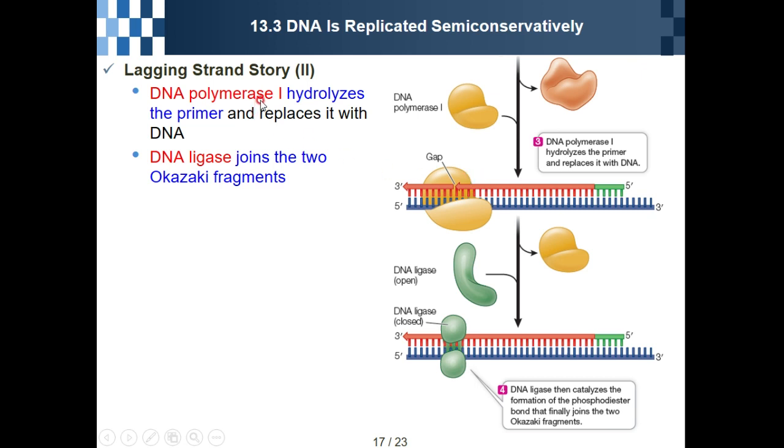DNA polymerase 1 has the ability to replicate, but it has another ability to remove the RNA primer. So DNA polymerase 1 hydrolyzes the RNA primer. After that, it replicates with DNA.